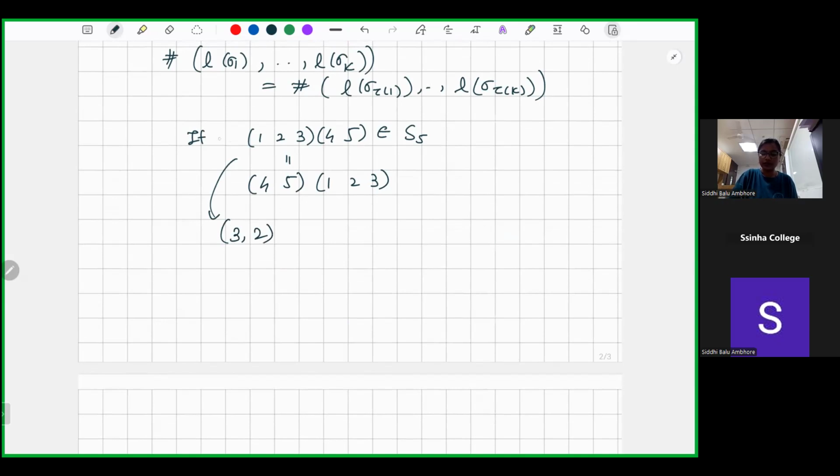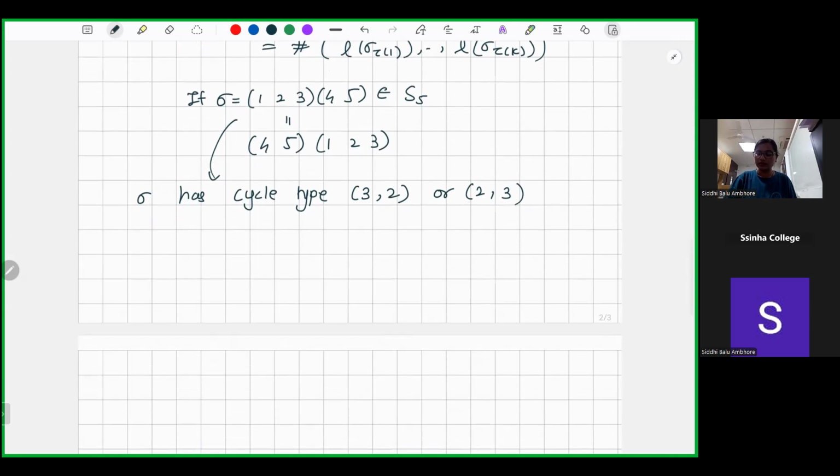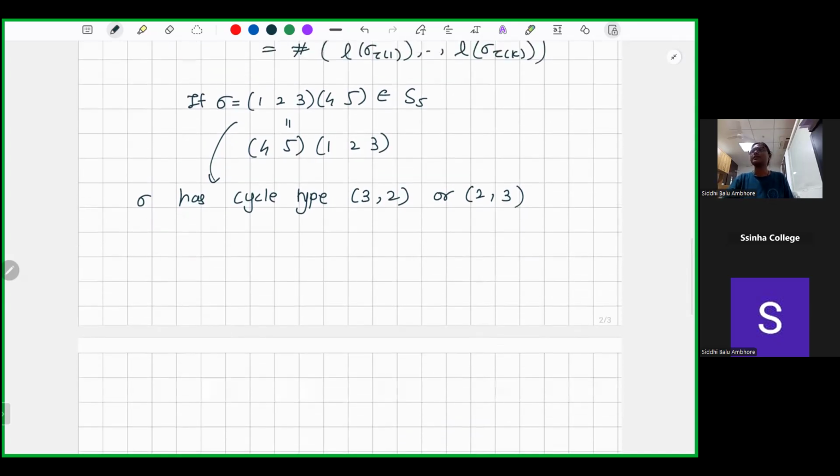If I call this sigma, then sigma has cycle type 3 2 or 2 3. It's the same thing, because both represent the same sigma in S5.